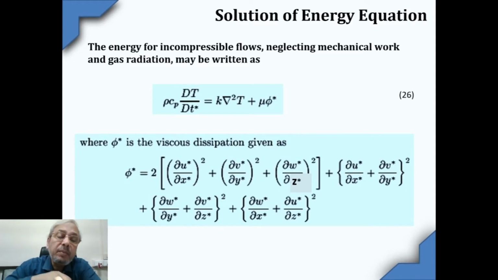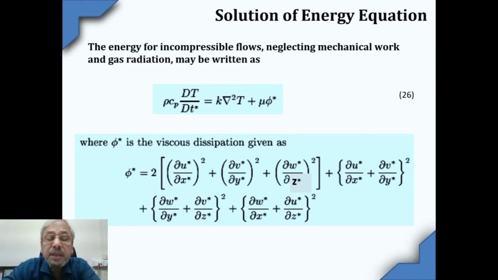Now we have done a little change here. Change means no major change in nomenclature. That is, star quantities we are considering as non-dimensional star quantities. Again, sorry for this mistake.